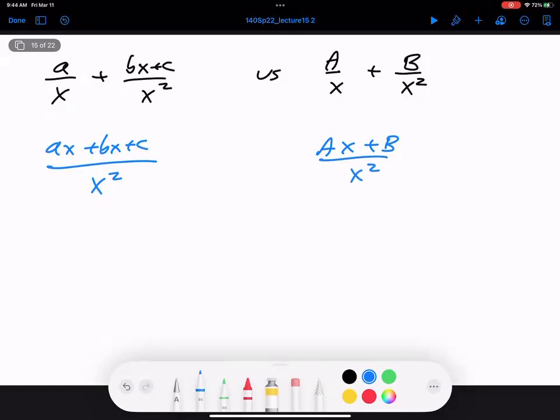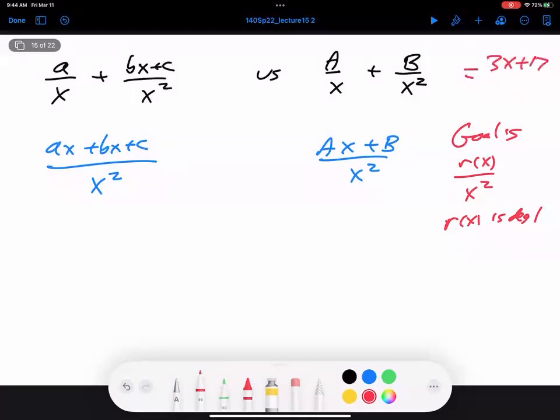We're trying to get something of the form r of x over x squared, where r of x is degree 1. Right? We're trying to get something of the form something over x squared. So maybe we want this to equal (3x plus 17) over x squared.